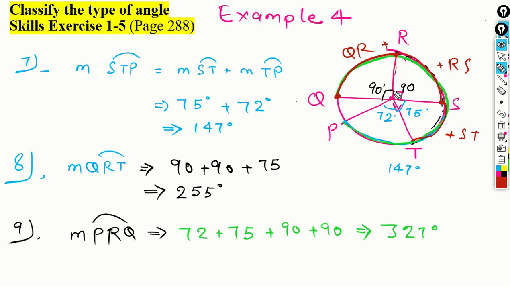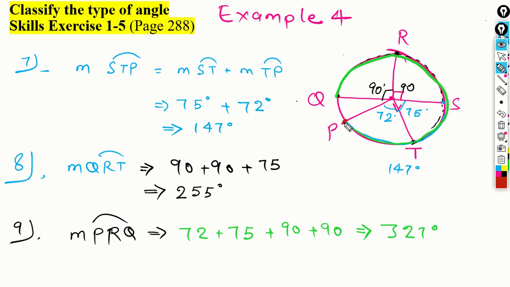It is given in the question that this is your diameter and it is making right angle this way. So if this is making 90 degree, then this will also be 90, because total is 180. So this is 90, this is 90, and this is given as 75. You add all three, you get 255.